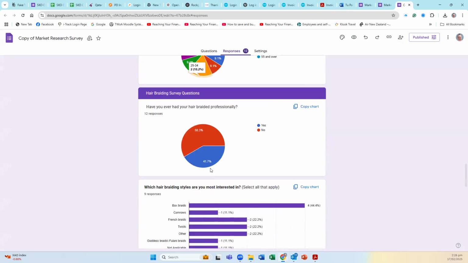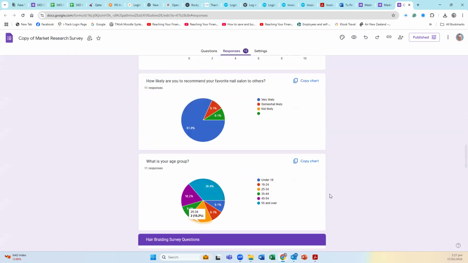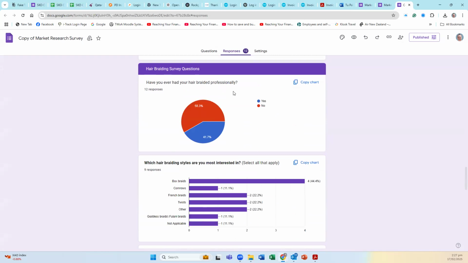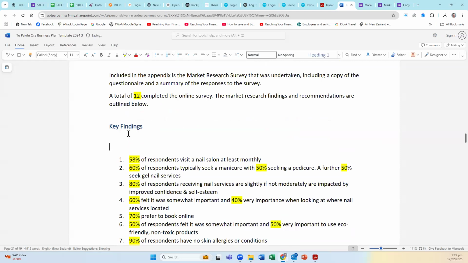Now you've got the same thing for the hair braiding questions. We did it already for the nail salon, and we go through the same process for hair braiding. So I'm just going to say key findings. Number 1, key findings, that's for nail salons, and then you've got different findings for your hair braiding.